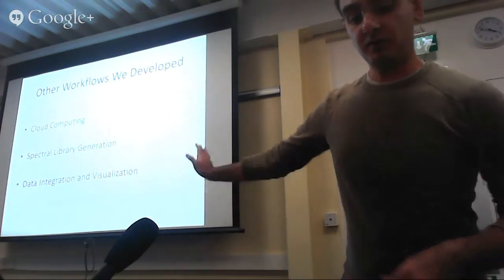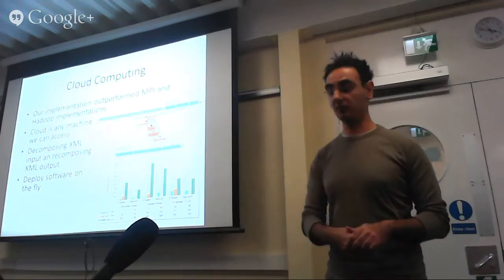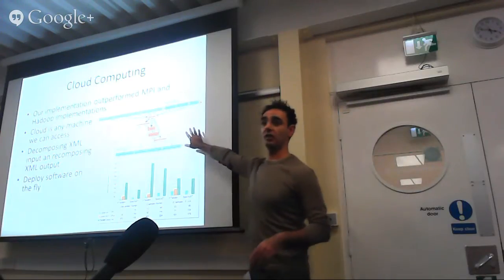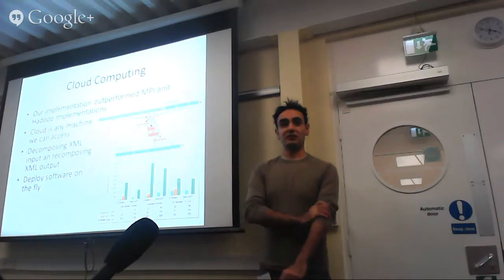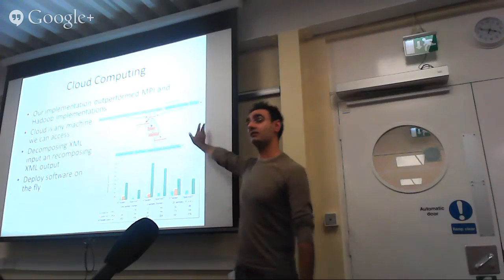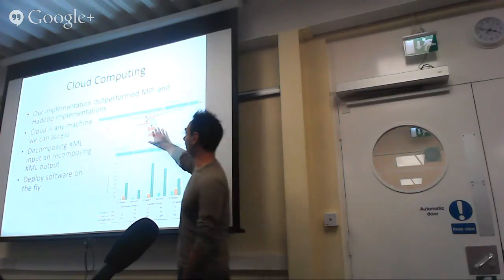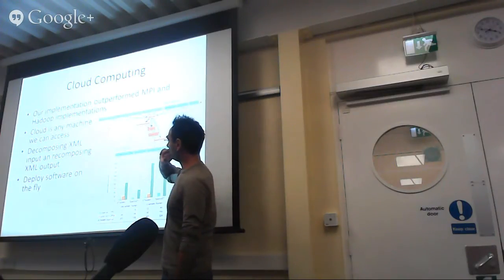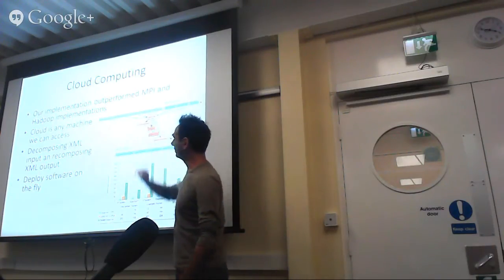So other workflows that we developed also in the past, for instance, the cloud computing services, I saw it on Carol's. Yeah, I steal pictures. One of your slides. So this is the original one. These are two processors, these are Java processors.